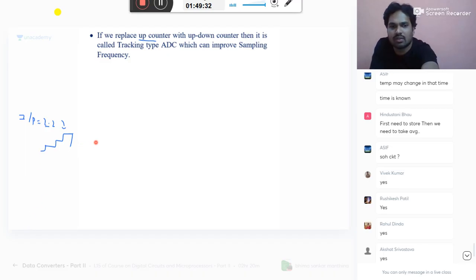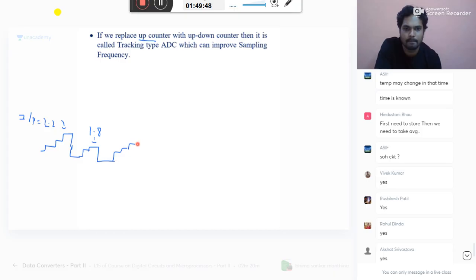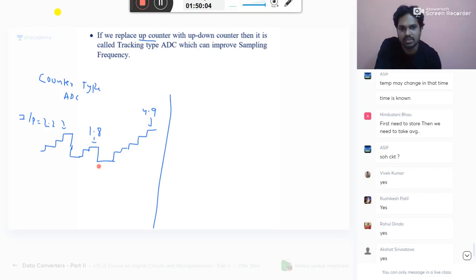Now a new input comes, say 1.8. Again a new input comes, some 4.9. Like this, different inputs come. This is the counter type ADC. For different inputs, every time it becomes 0, start of conversion, 0 and go.